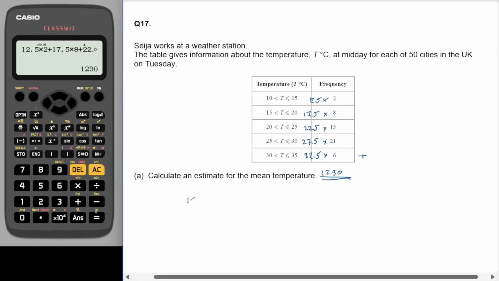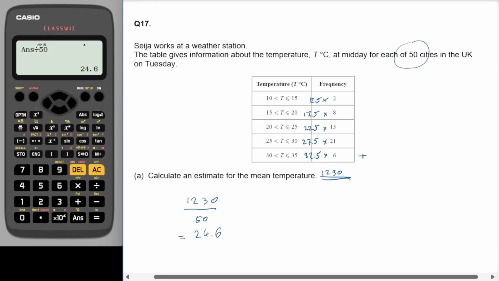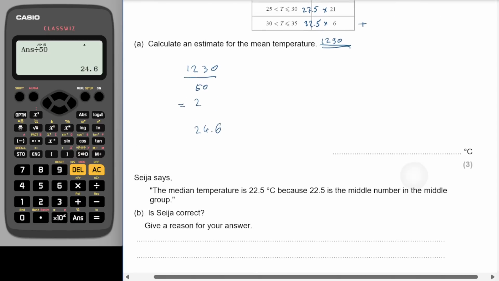So our estimate for the mean would be 1,230 divided by the number, which is 50. So we're looking at 24.6 degrees C.